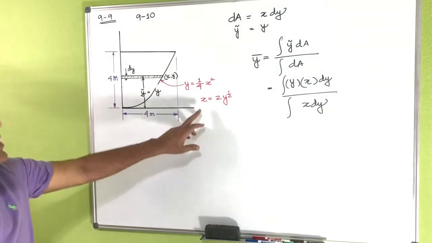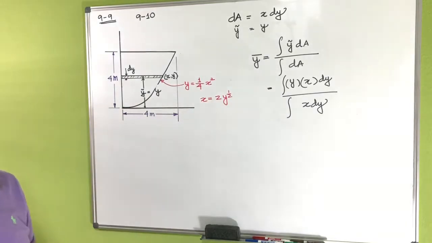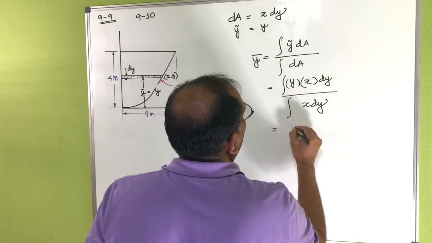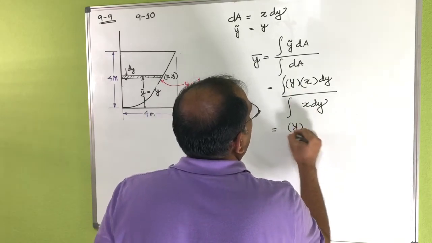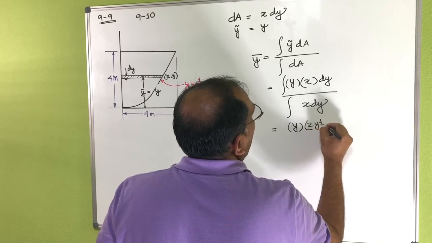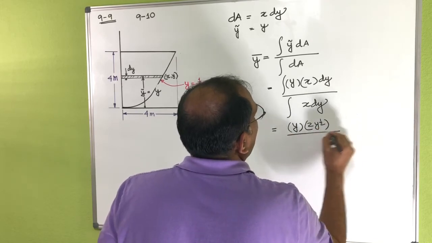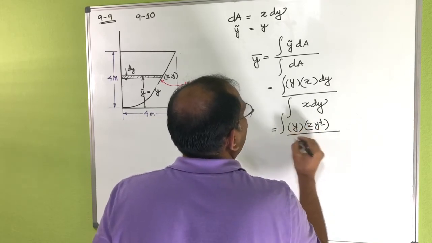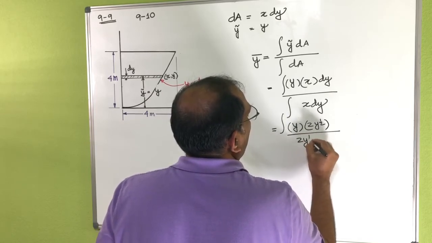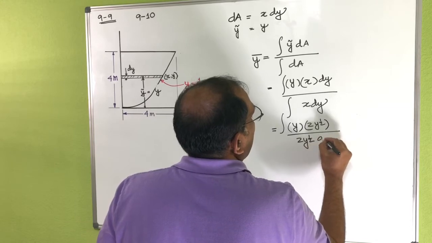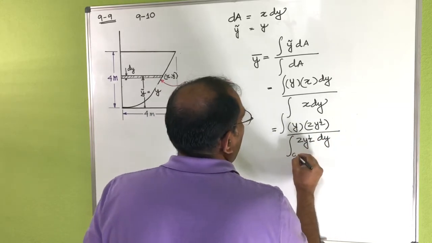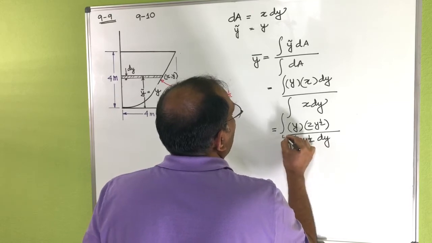And again we see that x is equal to 2y to the power half. So if I plug that value here, y into 2y to the power half, and x equal to 2y to the power half, and your y varies from 0 to 4.